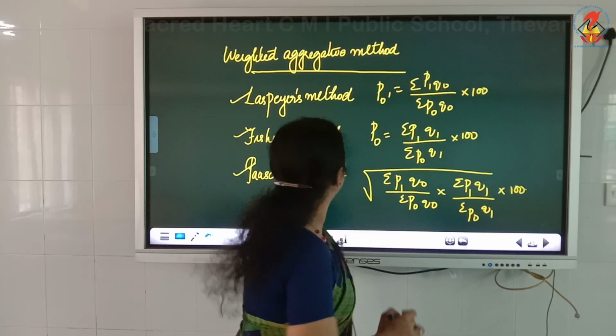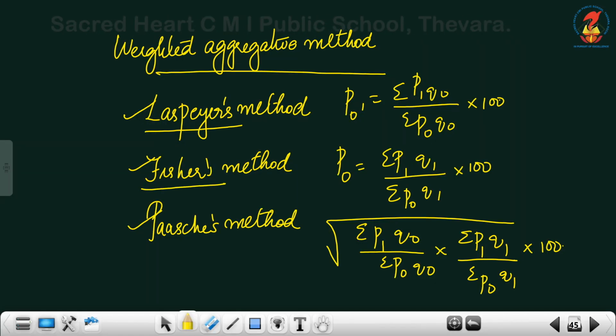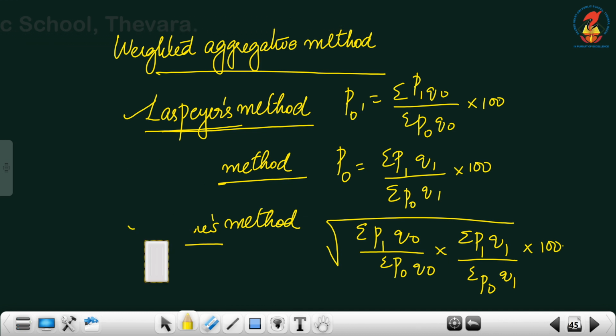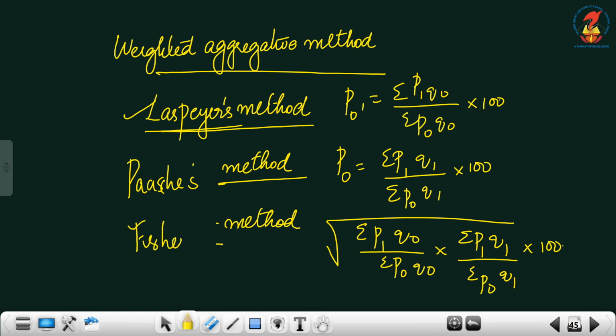They are Laspeyres, Fisher and Paasche, which is known as Laspeyres' method, Paasche's method and Fisher's method.